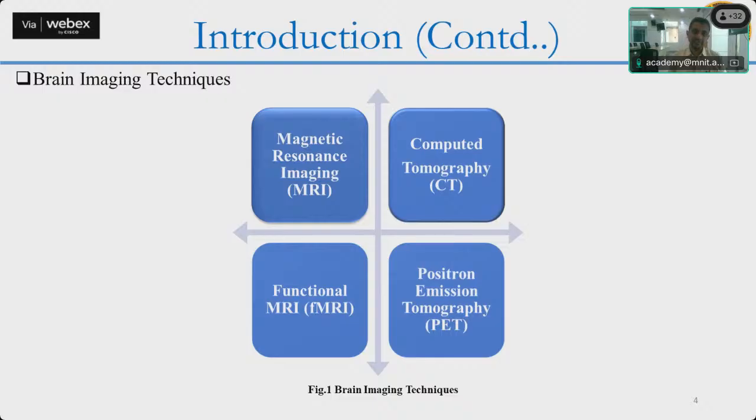So brain imaging techniques can basically be divided into four parts. First is magnetic resonance imaging, another is computed tomography. When we talk about computed tomography, it is basically X-ray. This is the X-ray at the brain level.